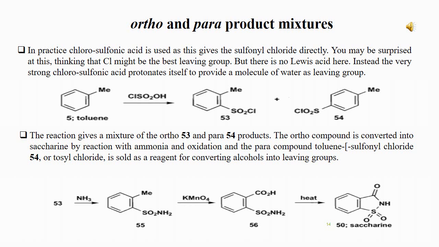Now the reaction gives a mixture of ortho 53 and para 54. The ortho compound is converted into saccharine by the reaction with ammonia.